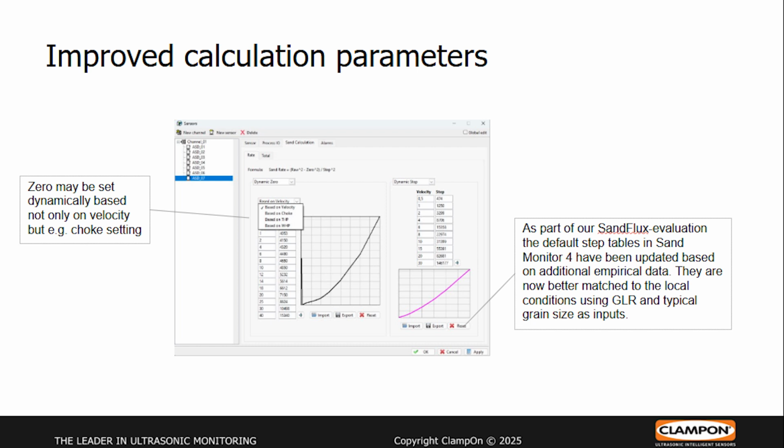For example, the typical grain size and the gas liquid ratio. So those are now inputs when you set up the system, so that we can get even better default parameters if you're not doing sand injections, to get even more optimized reads.